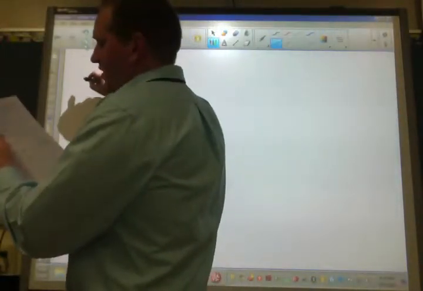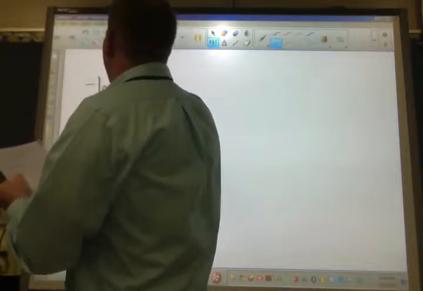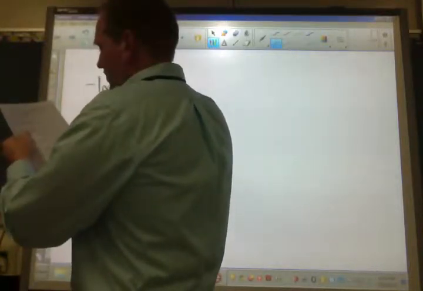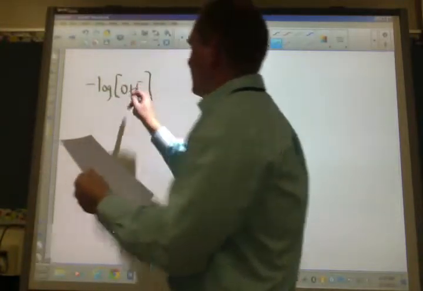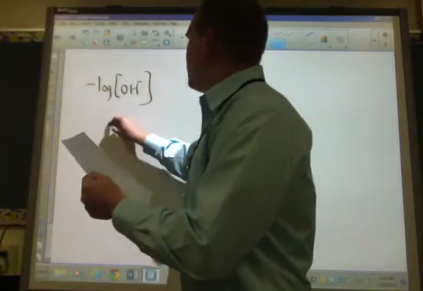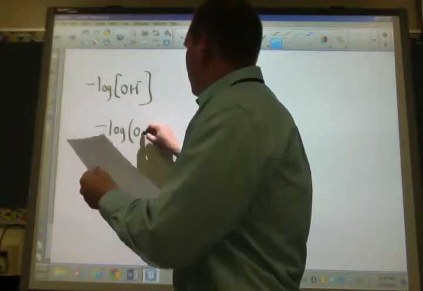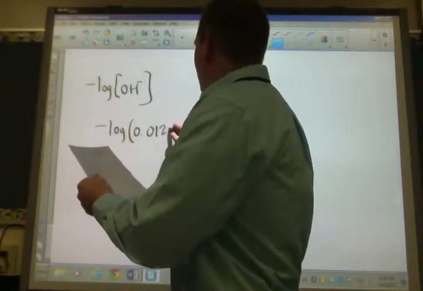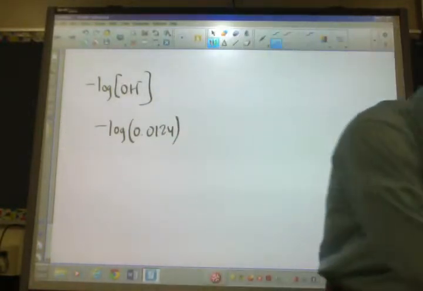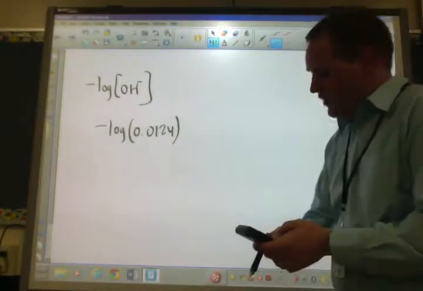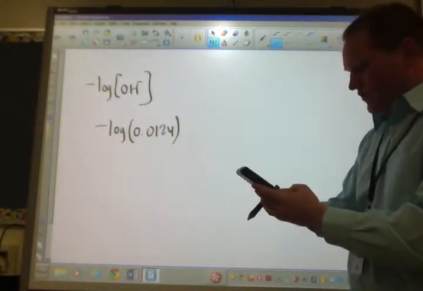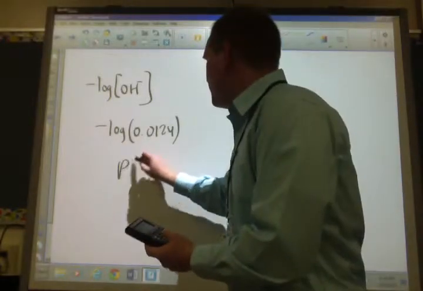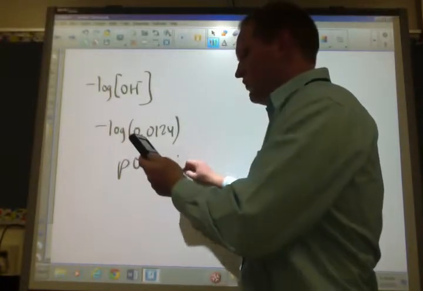So to find my pOH, negative log of OH minus gives me pOH, so negative log of 0.0124. So pOH equals 1.9.